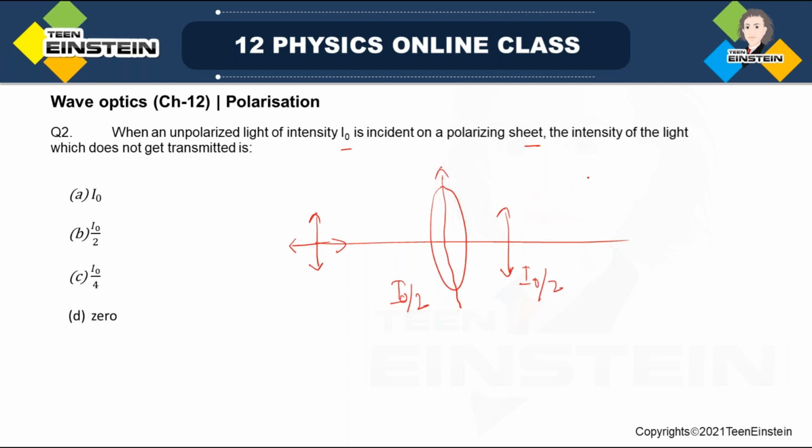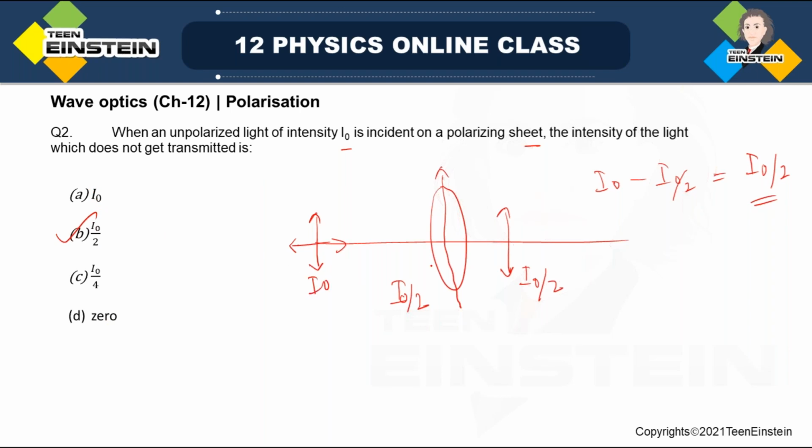So total intensity I have to take I0. If half gets transmitted, I0 by 2. So this is I0 by 2 only. Okay, I0 by 2 is the intensity which does not get transmitted, not the I0. You should not think that that will be I0. No, that is not I0.